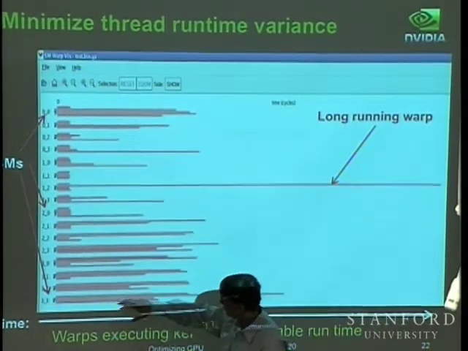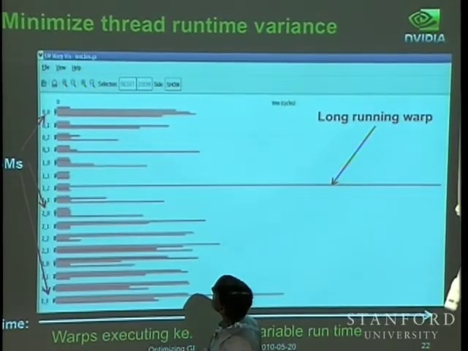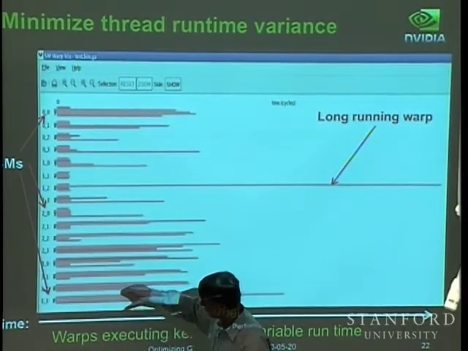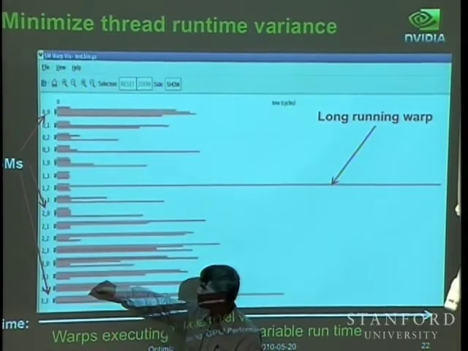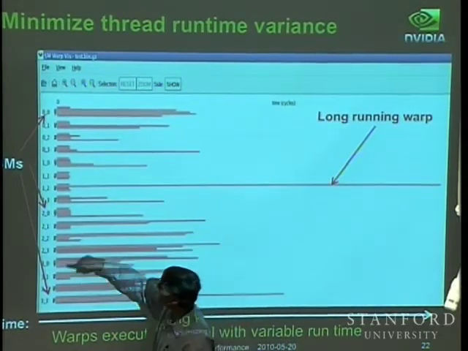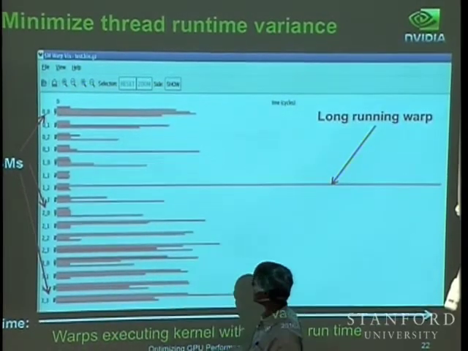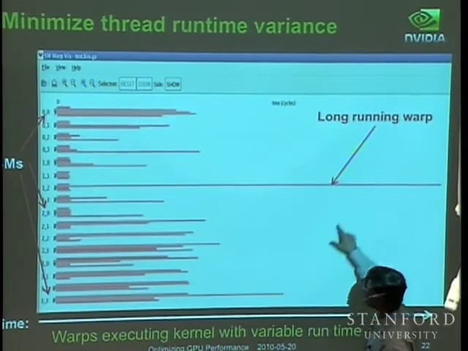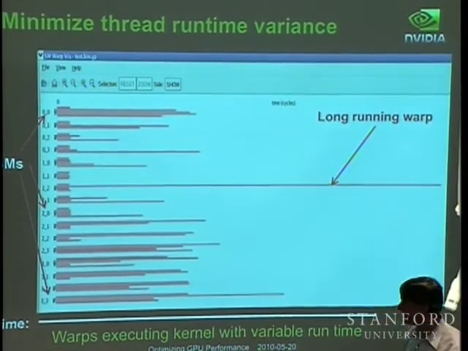There are maybe 2 thread blocks per SM, so each block of red lines is the execution behavior in a given SM. You can see that most of the warps finish really quickly, and then every now and then you see some warps that run longer. And then this is one warp which runs a very, very long time.